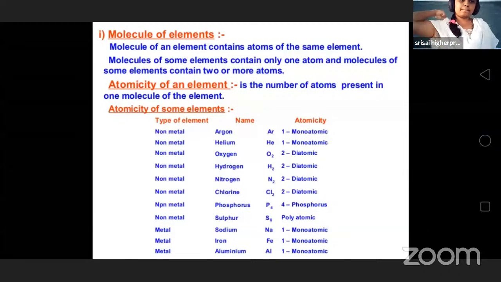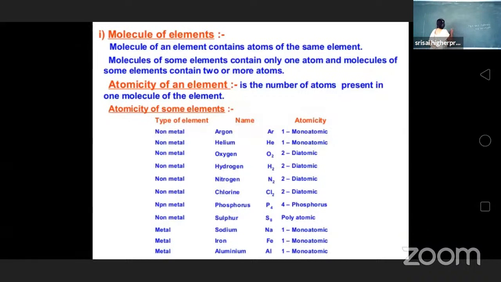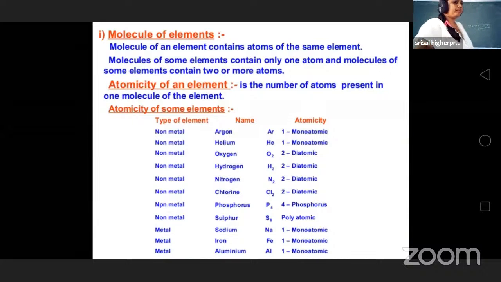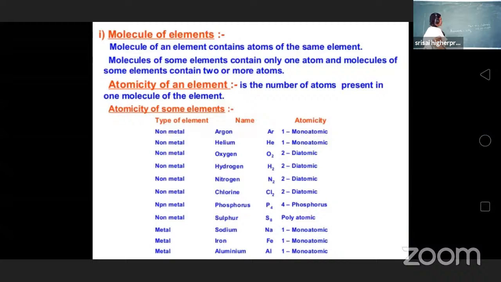Ammonia is NH3. N means nitrogen. Here there is one nitrogen and three atoms of hydrogen.